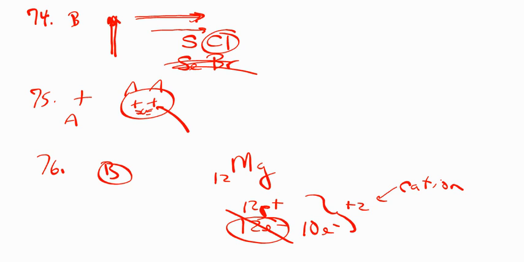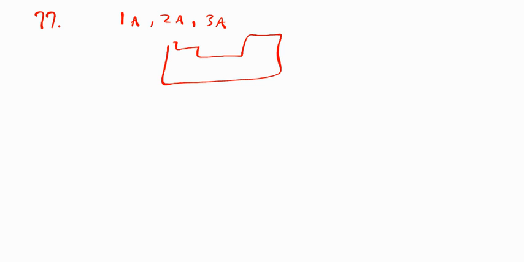77. We're looking at groups 1A, 2A, and 3A. On my periodic table, those are the ones: 1A, 2A, and then 3A is over here. These are B's, and we don't care about those, at least for this. What's true about them?